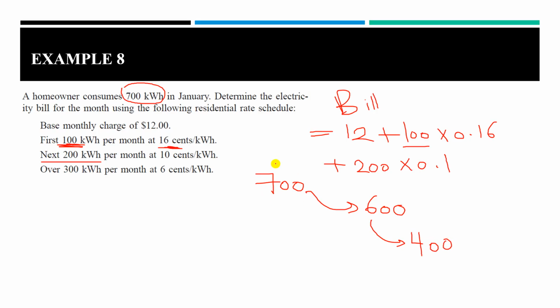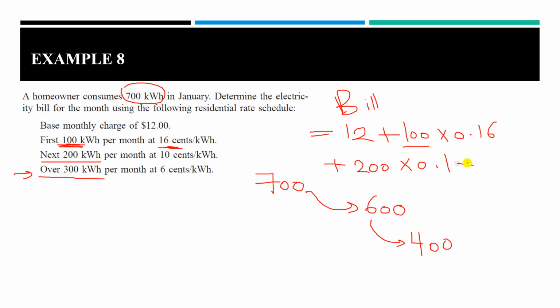So the total 700: first 100 at 0.16, second 200 at 0.1, so the total here is 300 kilowatt hour. Subtracting it from 700, we have 400 kilowatt hours. Anything greater than 300 kilowatt hour will be charged at 6 cents per kilowatt hour.